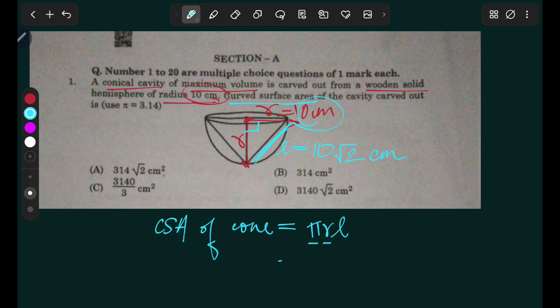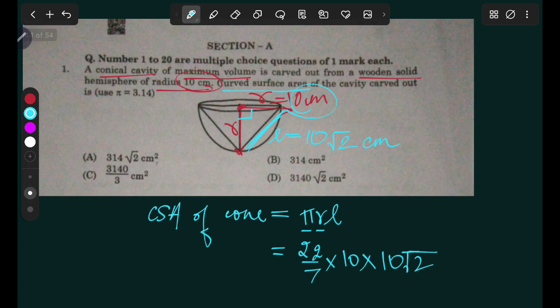So it is pi, 22 by 7, into r, which is 10, into L, which is 10 root 2. This is the curved surface area of the cone.